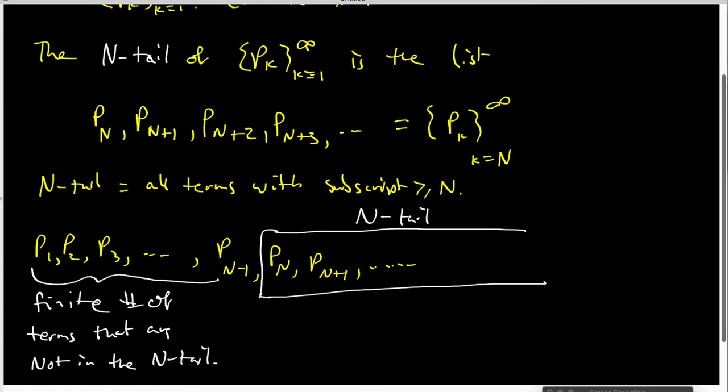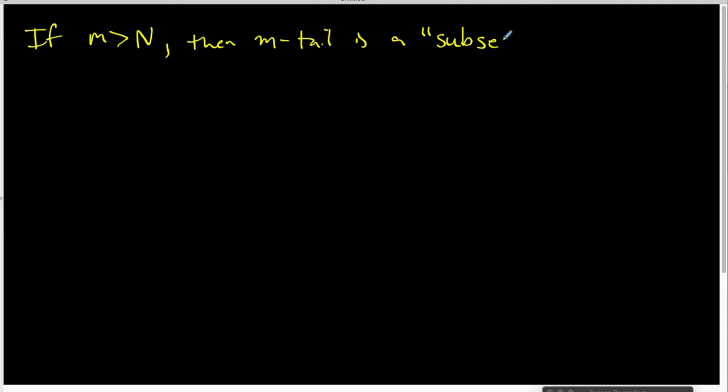Now, there are a couple of other things that I want to talk about as far as these tails are concerned. And the first one is just an observation. If little m is strictly bigger than capital N, then the m tail is, well, I'm not going to define this particularly yet, but we can think of it as a subsequence of the capital N tail.